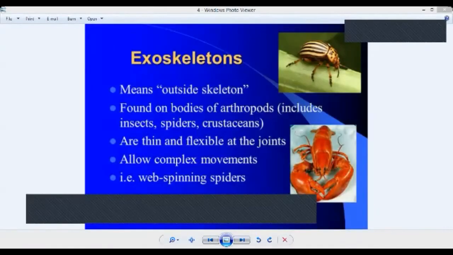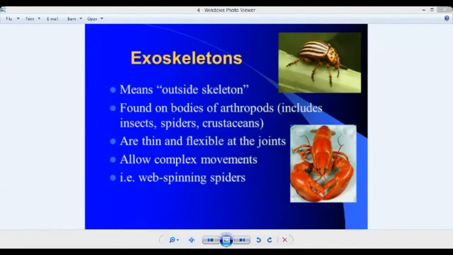Exoskeleton means outside skeleton. Okay, these are familiar organisms for you. In these organisms, the skeleton is outside; exoskeleton is found on the bodies of arthropods, which include insects, spiders, then crustaceans.